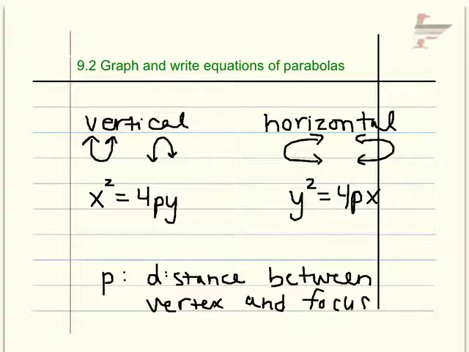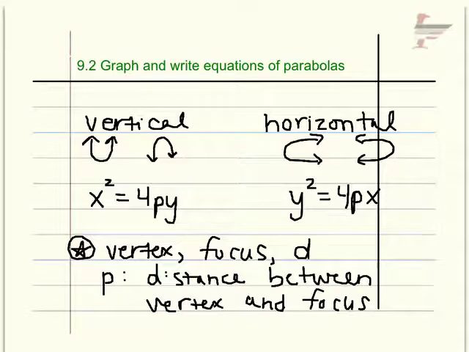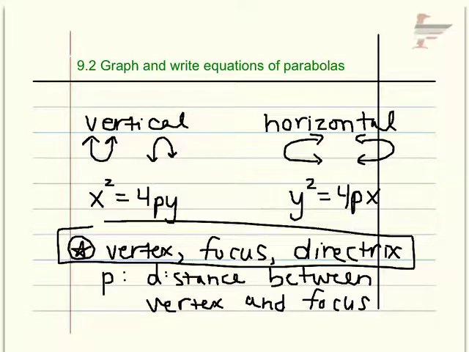And if you go in the opposite direction, you get your directrix line. So the two important characteristics that you're going to want to find, other than your vertex, of course, are the focus point and the directrix line. These are important characteristics that you're going to want to list out.